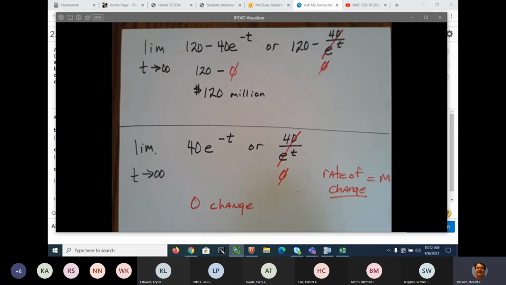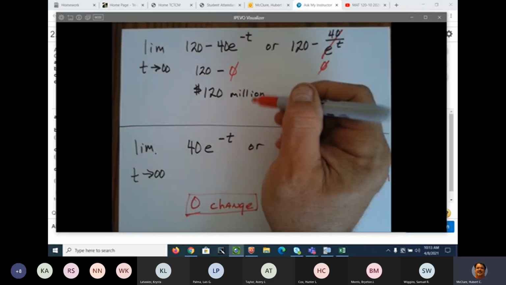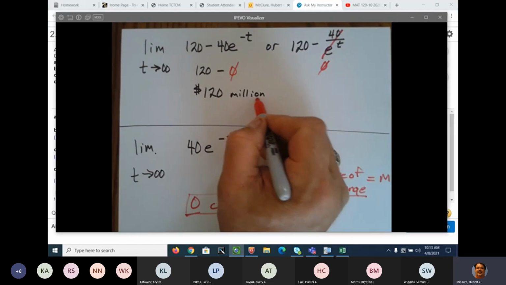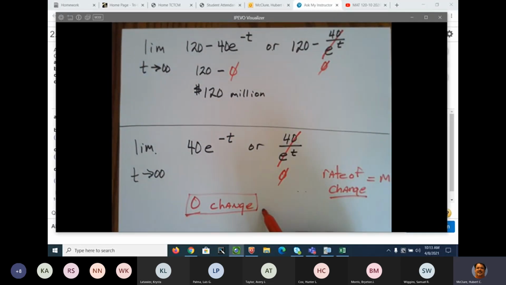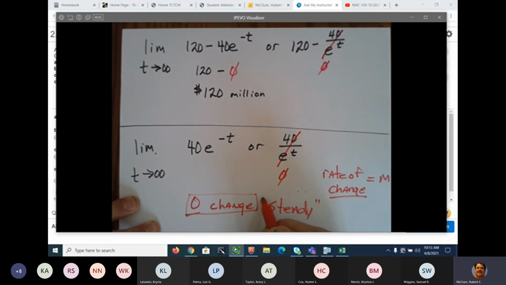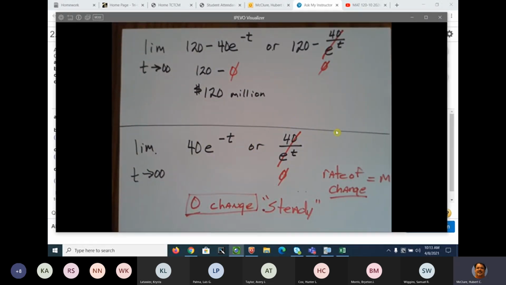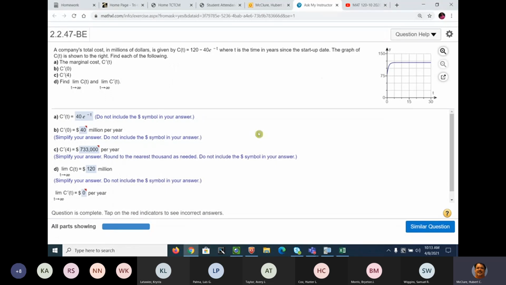So if I get a slope of 0, that means that I don't have any change. So whatever we're talking about is going to be approaching $120 million, and it's not going to change. It's going to stay steady. And that's basically what that tells you. $120 million. And how is it going to change? $0 per year.